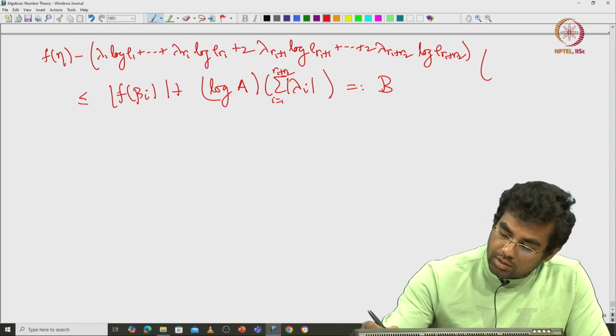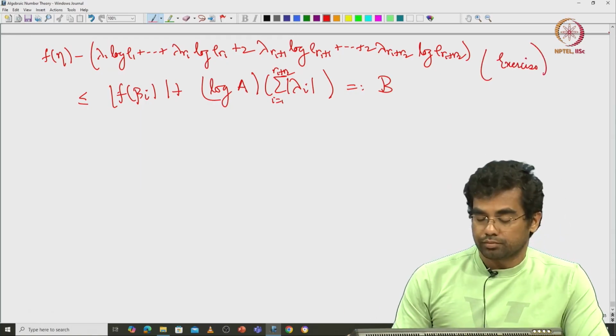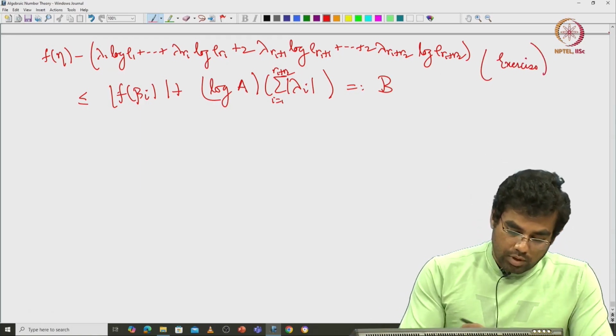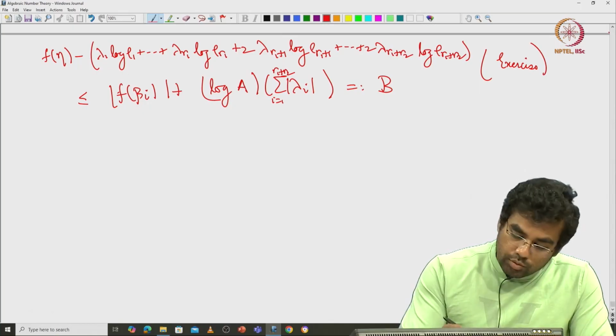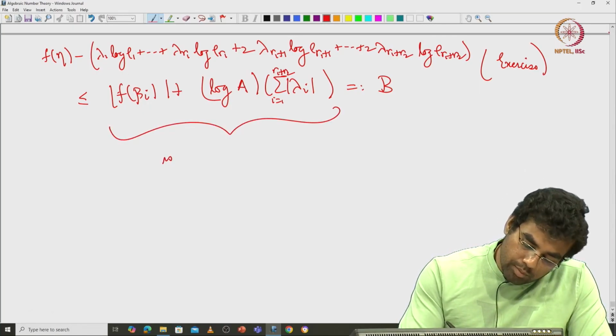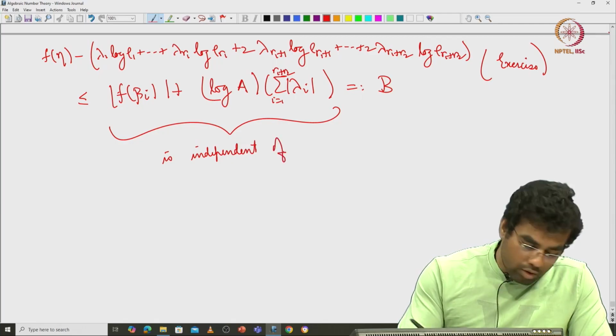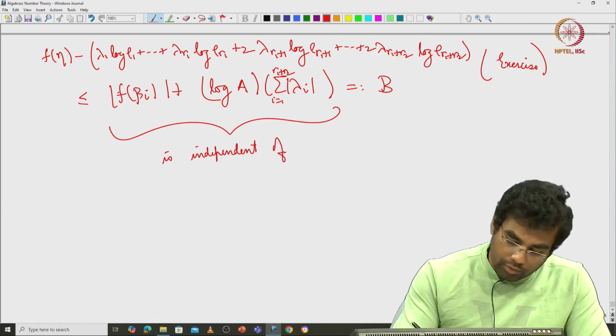So, this is kind of an easy exercise in manipulating things. The relevant point is that this quantity is independent of the rho i's.